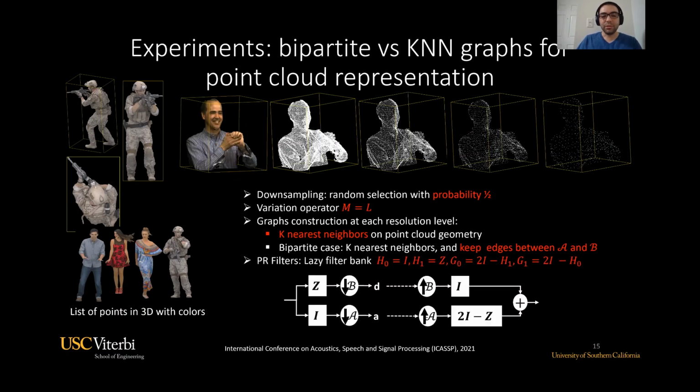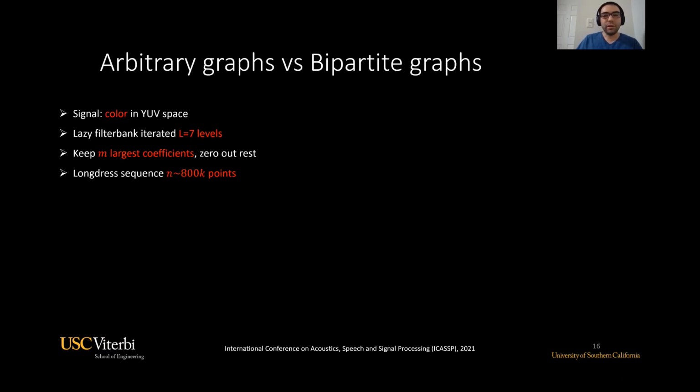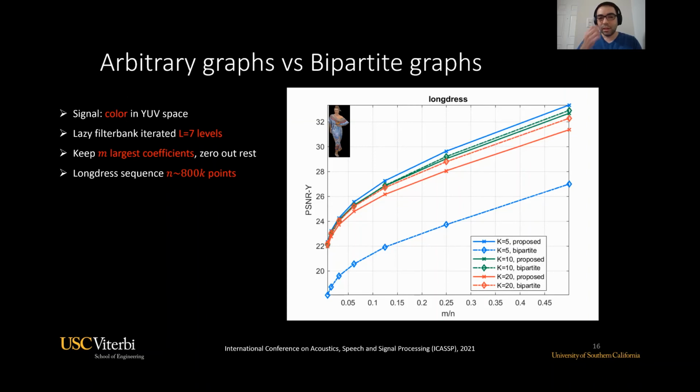As a filter bank, we use a very simple filter bank as shown here in the figure, which is basically a polynomial on C of degree 1. This is our first result. Here we iterate this filter bank for 7 levels and keep the m largest coefficients and set the rest to 0. We implement it on this long dress sequence, which has about 800,000 points.